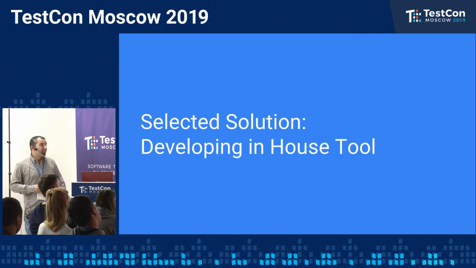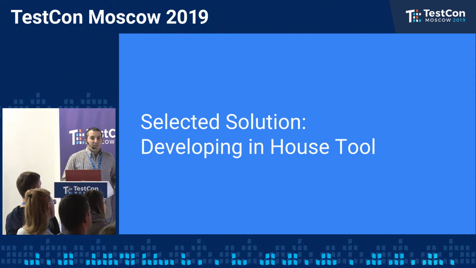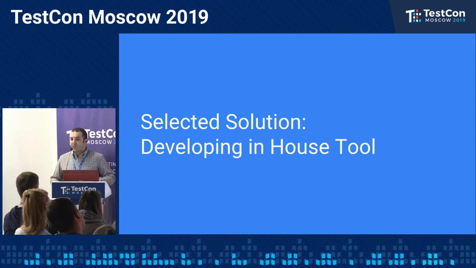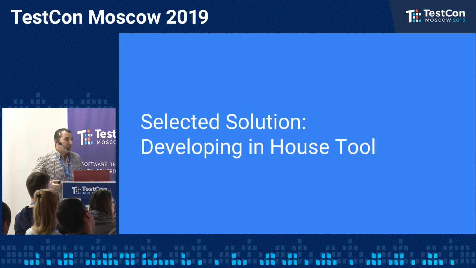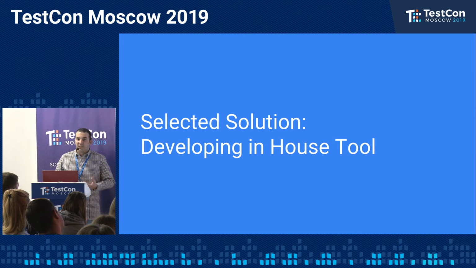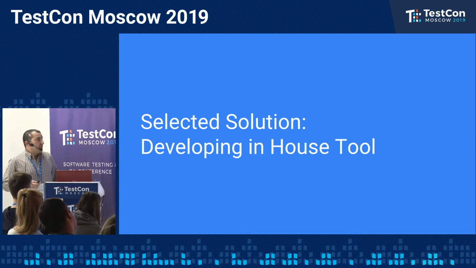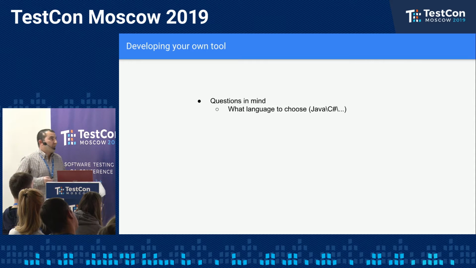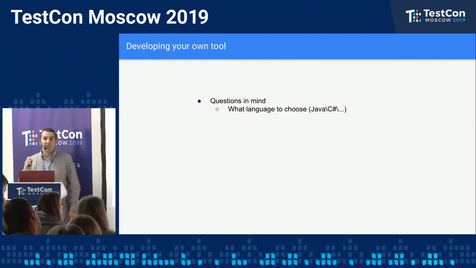So in my case, I decided to go over in-house solution, and the decision was to actually create our own tool, something that we will build from scratch. In this way, our skill set will be bigger. We can adjust it specifically for what we need. And this is the way we went through. And even then, we had some consideration to be made.